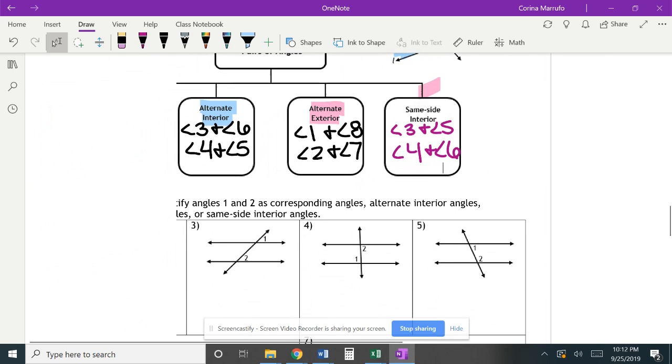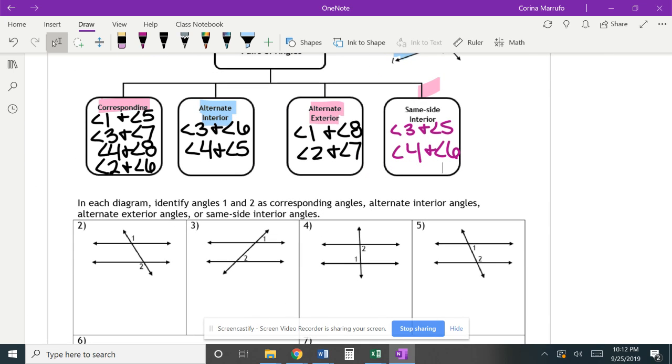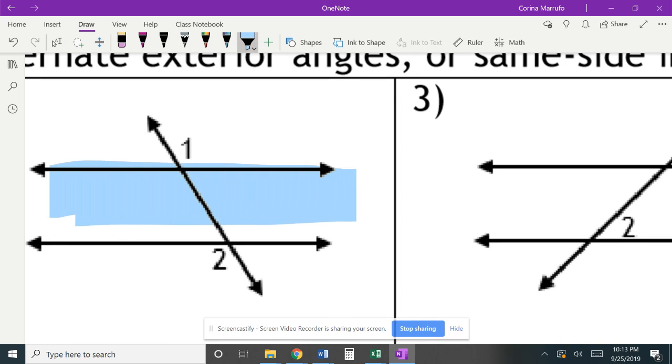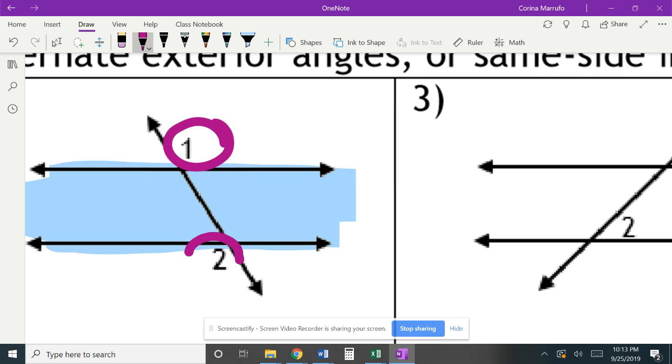All right. So now, in each diagram, identify angles 1 and 2 as corresponding angles, alternate interior angles, alternate exterior angles, or same side interior angles. What we're going to do first is identify the inside. Angles 1 and 2 are both outside of the parallel lines, so these are going to be exterior.